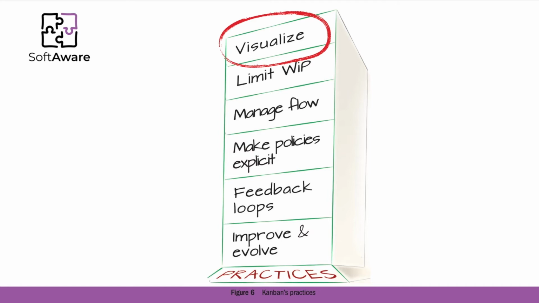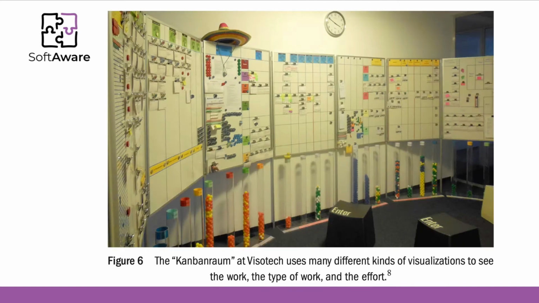As we will see in the next slide, the figure presents a physical board where all these items are present, and as you can see, it is vital to highlight visually when items are blocked. The design is exclusive and rather adequate for the team and project at hand. The flow for the work items is clear.